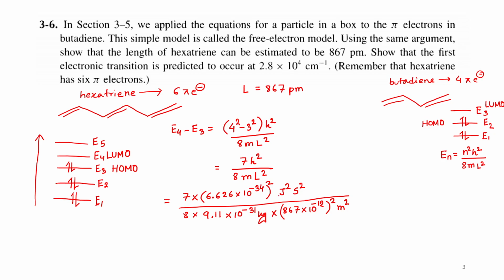Let me do one thing. I will just break it down. One of the joules, since it is joule squared, I am taking one of the joules and breaking it down. As you know, joule is kg meter squared second minus 2, right?